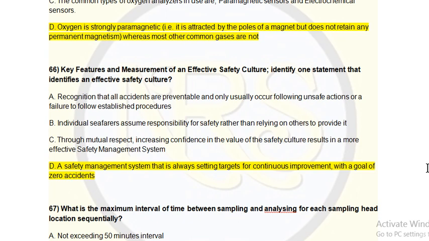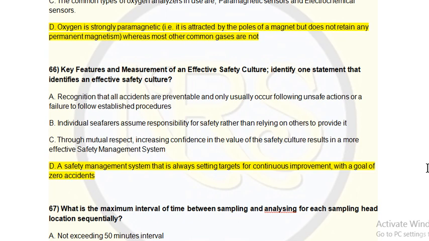Option B. Individual seafarers assume responsibility for safety rather than relying on others to provide it. Option C. Through mutual respect, the increasing confidence in the value of the safety culture results in a more effective safety management system. Option D. A safety management system that is always setting targets for continuous improvement with a goal of zero accidents. The correct answer is option D.